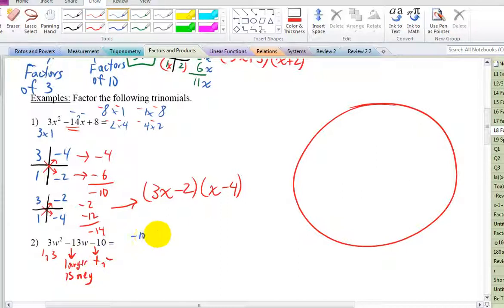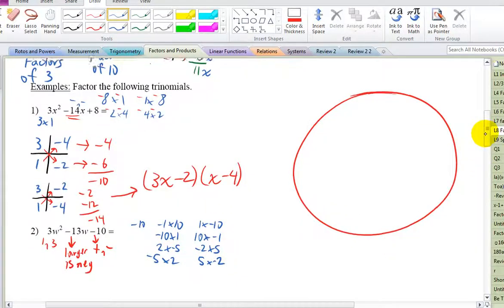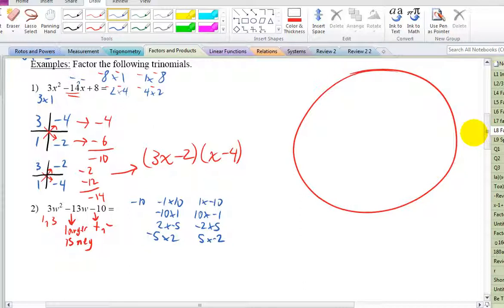Negative 10 will tell me negative 1 times 10 or 1 times negative 10. Negative 10 times 1 or 10 times negative 1. 2 times negative 5 or negative 2 times 5. Negative 5 times 2 or 5 times negative 2. Okay. So a whole bunch of combinations.